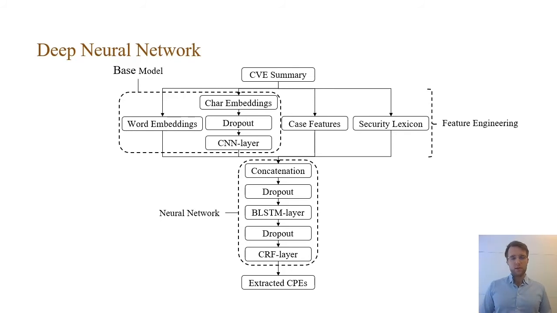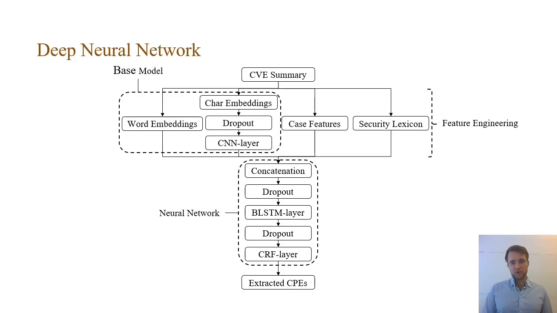We also create a custom character level embedding where each character in the alphabet is assigned a numerical vector representation. We create new word level embeddings from those character level embeddings with a CNN layer together with a max pooling layer. As two optional features, we have the case features and lexicon features.